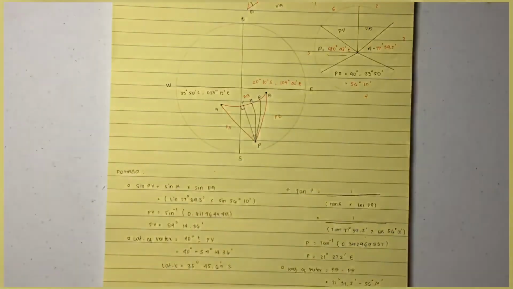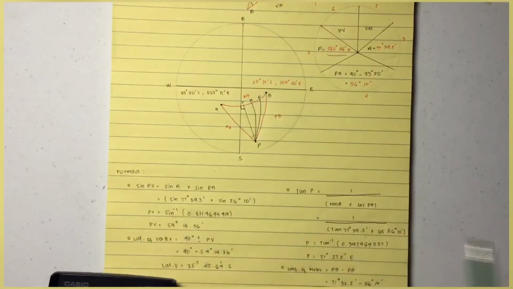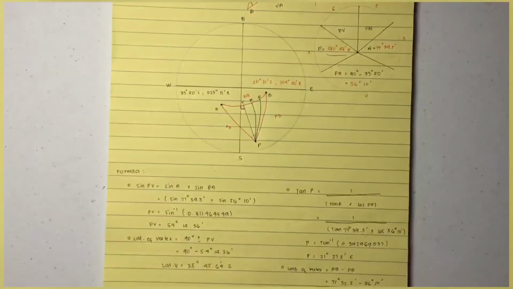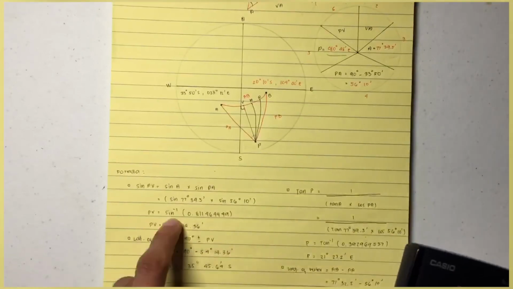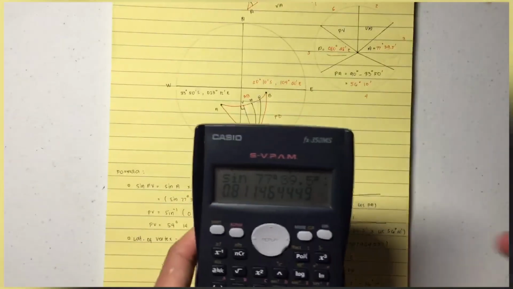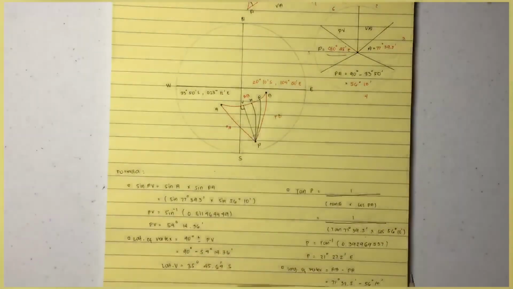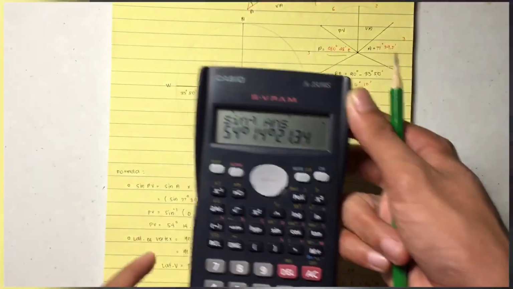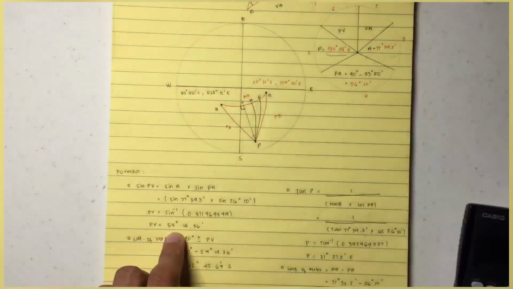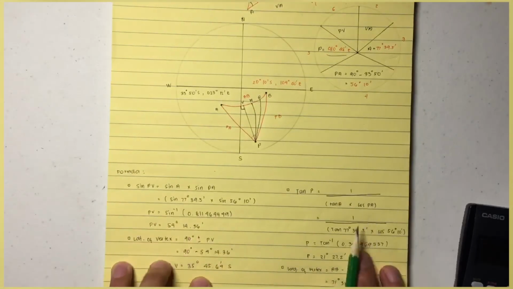I arrive at this value. So again, to get the value of the PV, we should go for inverse sine or shift sine in our calculator. So we arrive at this value. Press in degree form. So the value of the arc of the PV is 54 degrees 14.36 minutes.